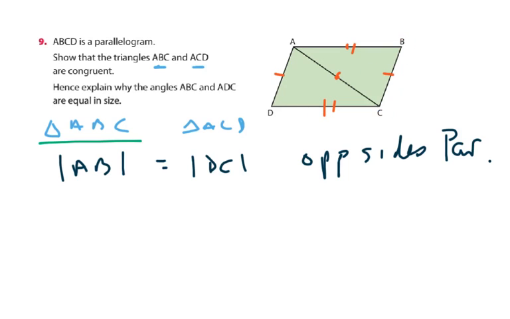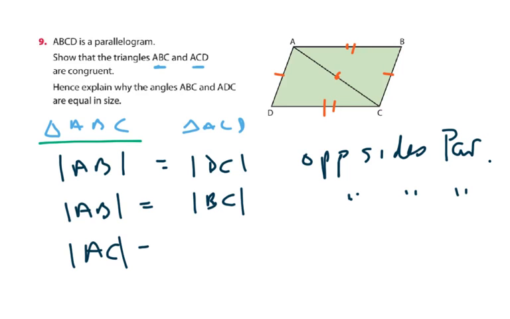AD is the same length as BC, and again, opposite sides in a parallelogram. It's the same reason. And then the line AC is equal to the line AC. It's a shared line.